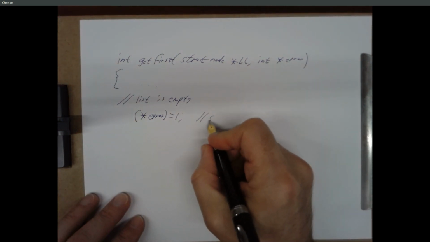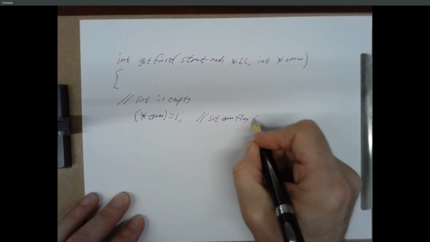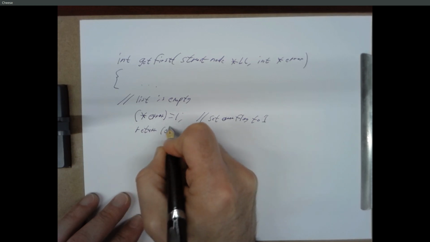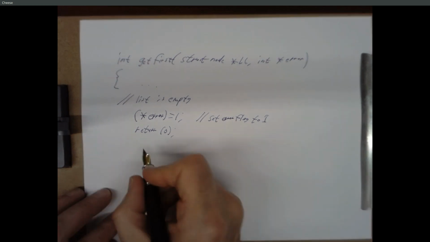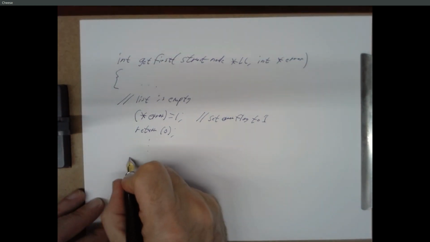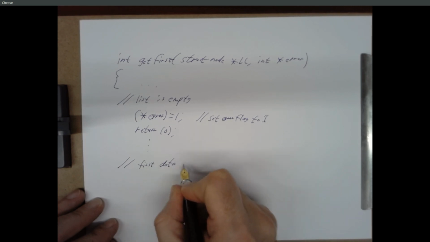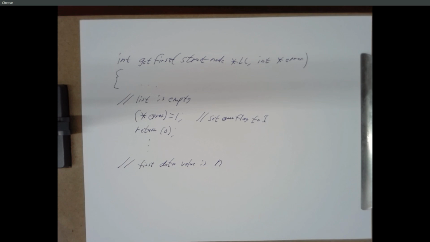So this says set the error flag to 1 and then return 0, because it says to return a 0. Otherwise, you do some stuff, and let's say your first data value is n.